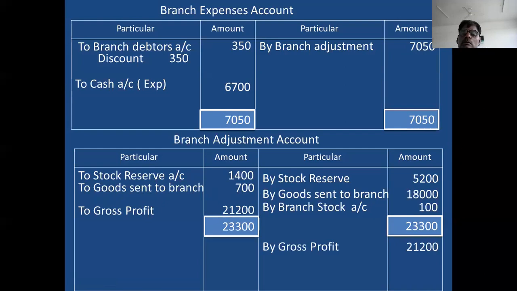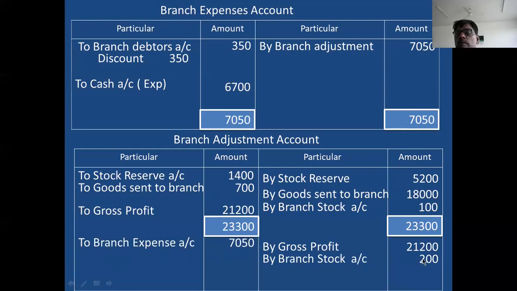Okay. Then you write the branch expense 7,050. The next is branch stock account 200. This is surplus. Total surplus is 300. You see this.